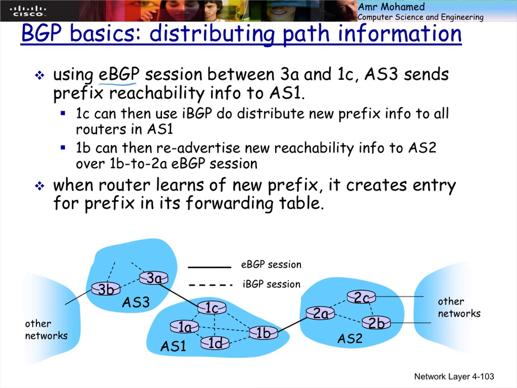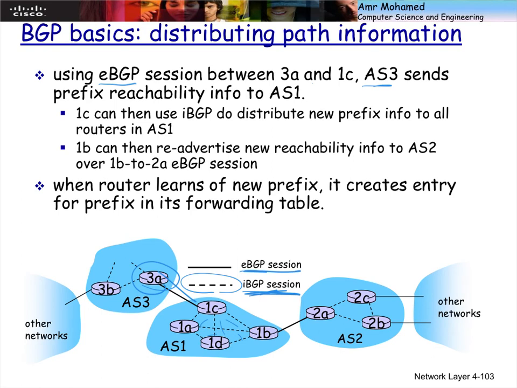So the basics here is that we use the exterior border gateway session between 3A and 1C, so we have an exterior border gateway session and we have an interior border gateway session. The interior border gateway session is the dotted one, which is internal.